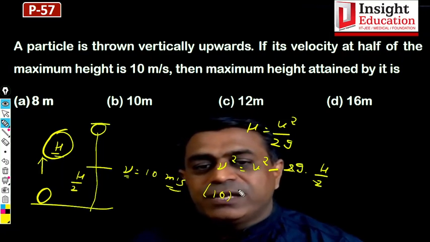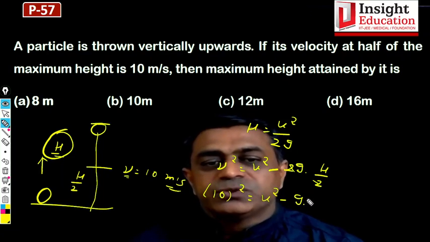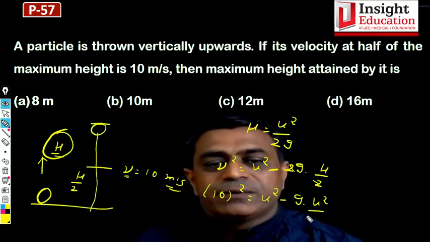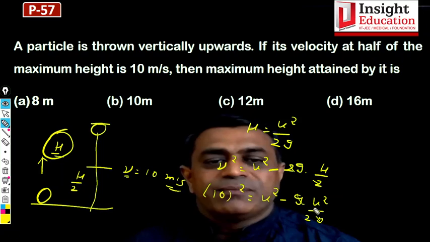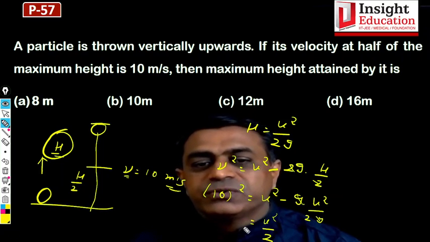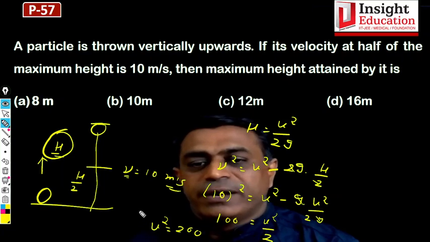So I can say 10 square is equal to u square minus g h, where h is again given as u square by 2g. So g cancels, and u square minus u square by 2 gives u square by 2. And here it is 100. So I can write u square is equal to 200.